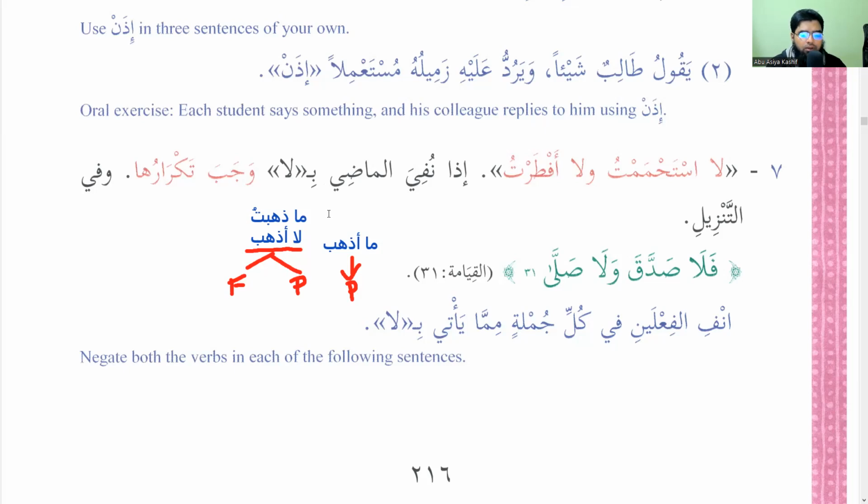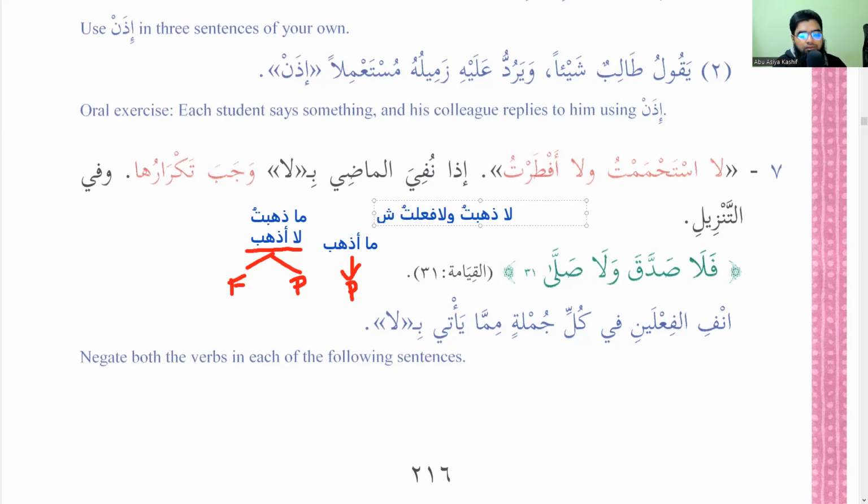But "ma dhahabtu", now he wants to teach us using "la" with the past tense. So the conditions for this, the meaning will change. It becomes neither nor, right? So I can say "la dhahabtu", neither did I go, "wala fa'altu shay'an", nor did I do anything.